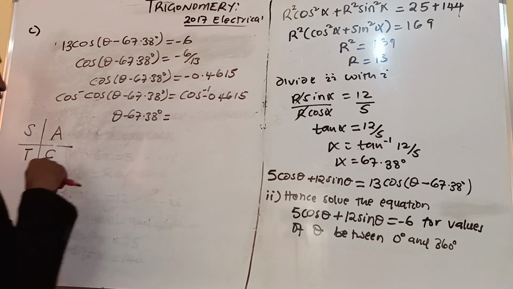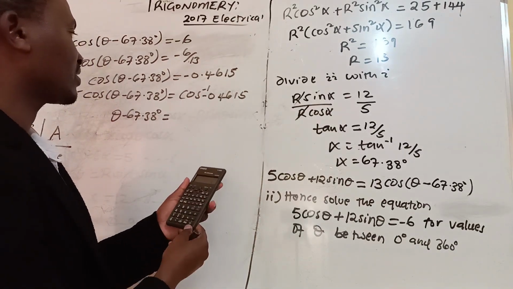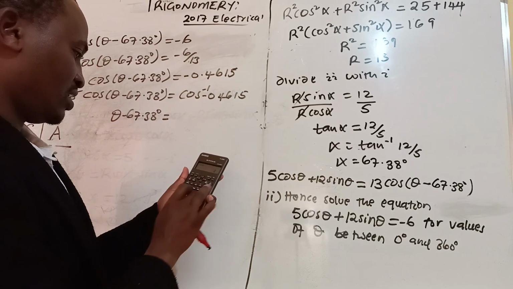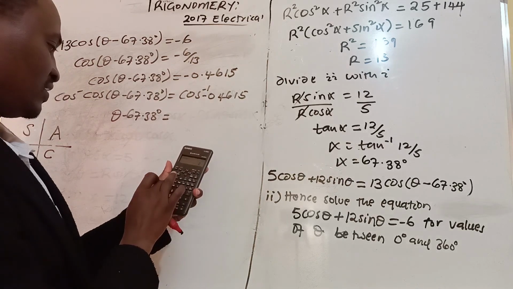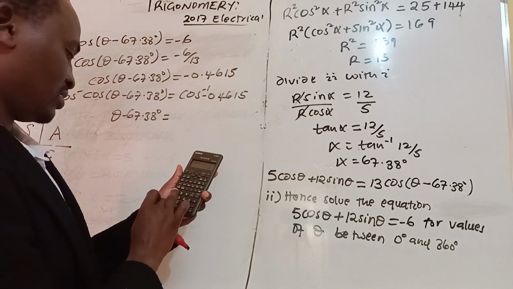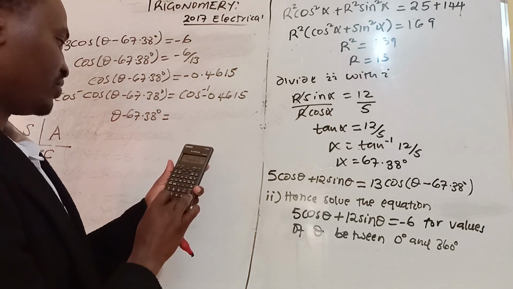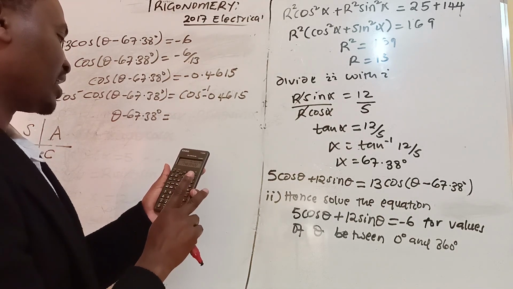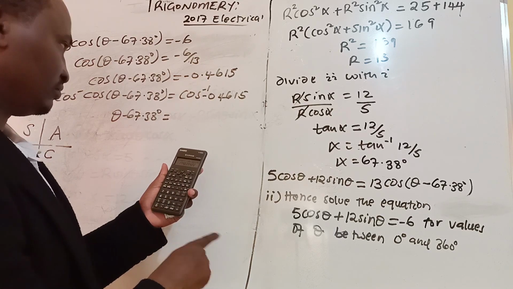So what do we do so that we can get those angles? Of course, you can get the angles directly from the calculator. For example, if you say shift cos inverse of negative 0.4615, you get positive 117.48 degrees.